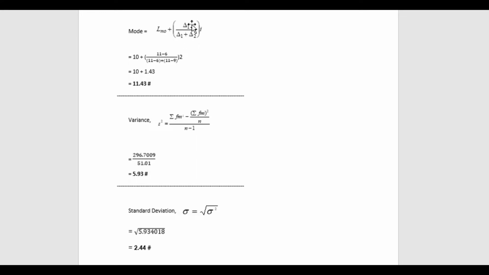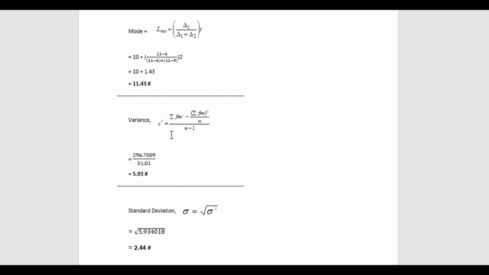This delta 1 is the same as the delta 1 below it, and the delta 1 below it will add delta 2, and for delta 2 it will be the frequency of the mode class minus the frequency of the class after it. And here we have I, which is the class width. So once we input all the numbers in, we will get the following and simplify into 10 plus 1.43, and we get the answer 11.43.